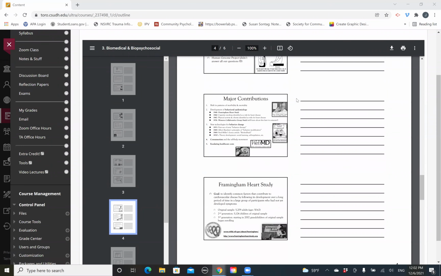So the major contributions of this biopsychosocial model have been development of behavioral epidemiology. So like cigarette smoking identified as a risk for heart disease, physical activity and obesity being linked to heart disease, new technology for behavior change. So this is, you have Bandura. Bandura's principle of behavior modification.